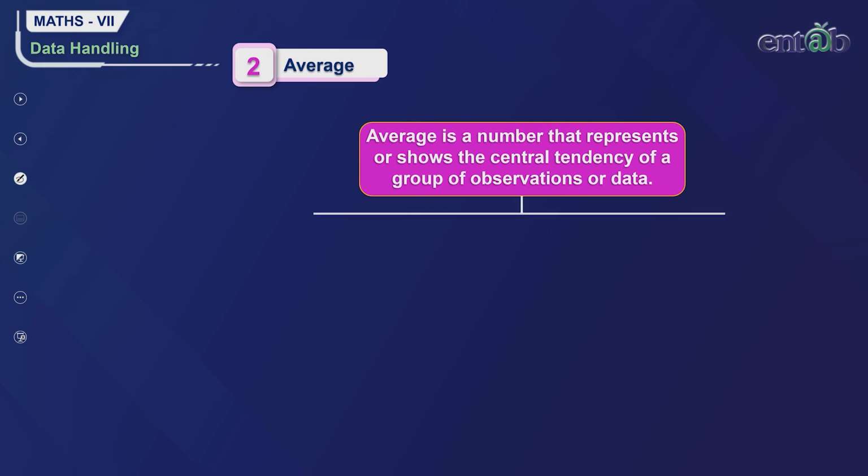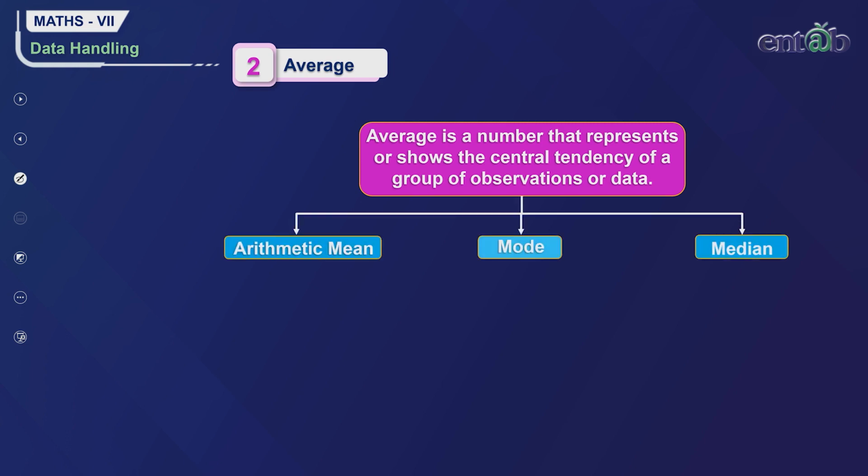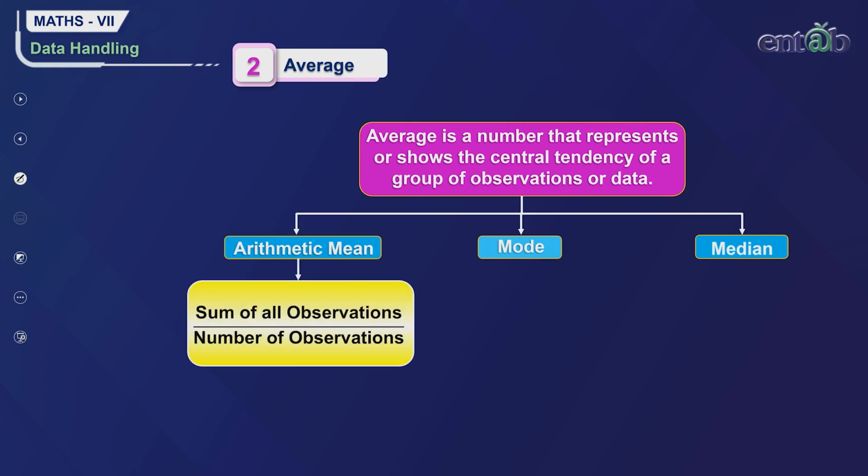The first one is arithmetic mean, the second is mode and the third one is median. We can calculate the arithmetic mean using this formula: sum of observations upon number of observations. We need to calculate arithmetic mean when each observation of the data is equally important.